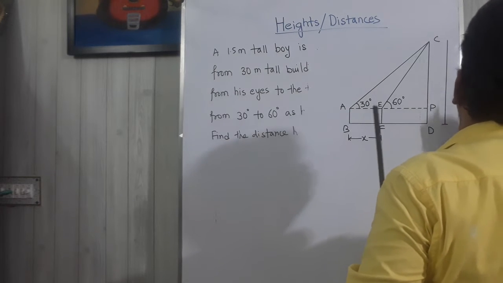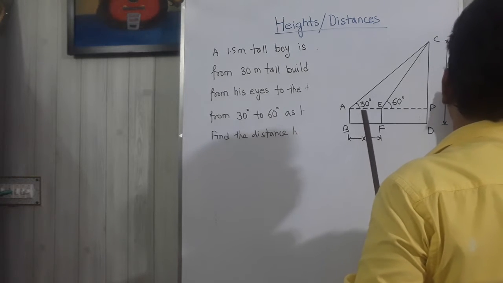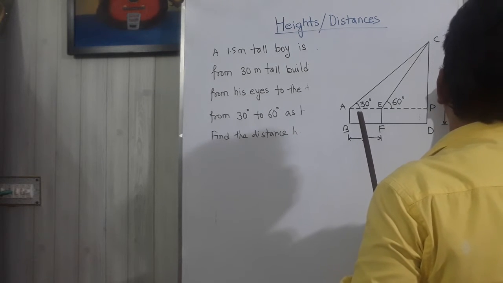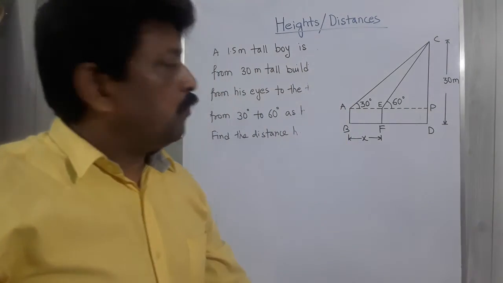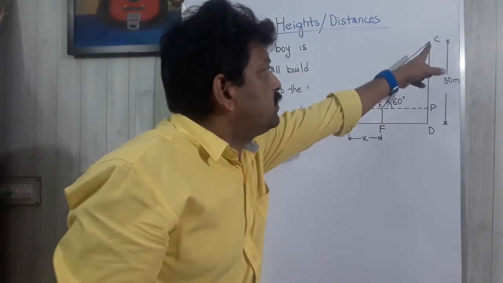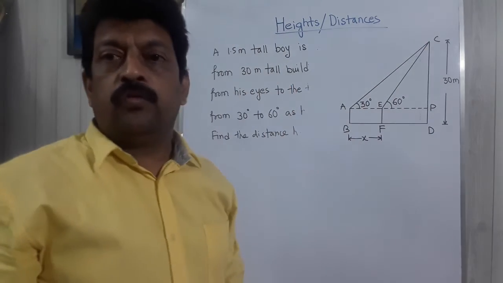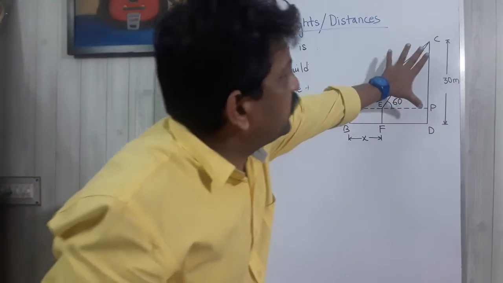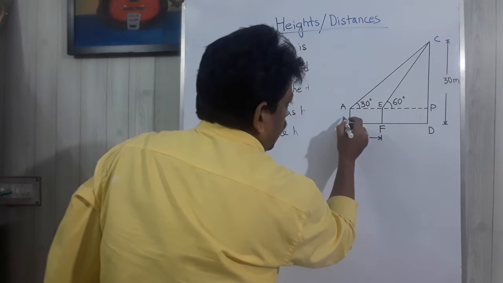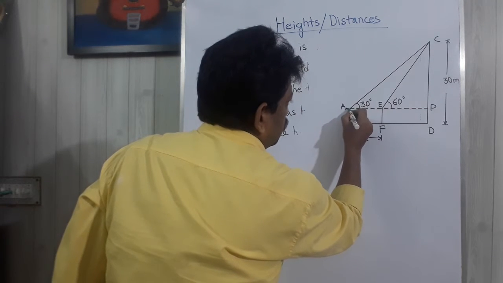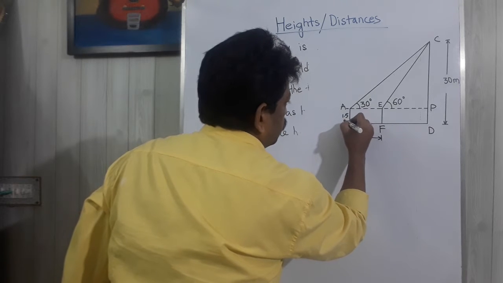This is the total height of the building. But the right angle triangles are triangle CPE and triangle CPA. We have to find the height of the right angle triangle. As it is given in the question that the height of the boy is 1.5, this is 1.5 meter.